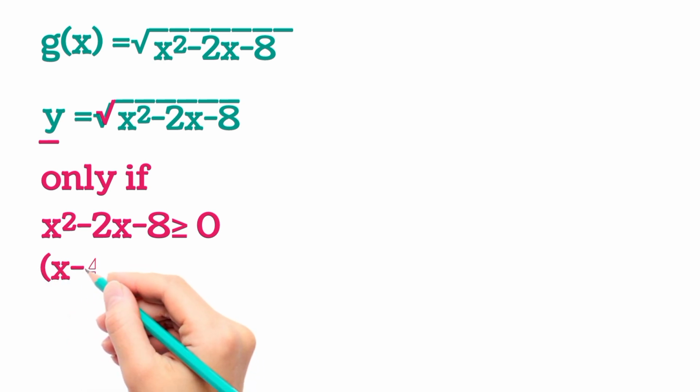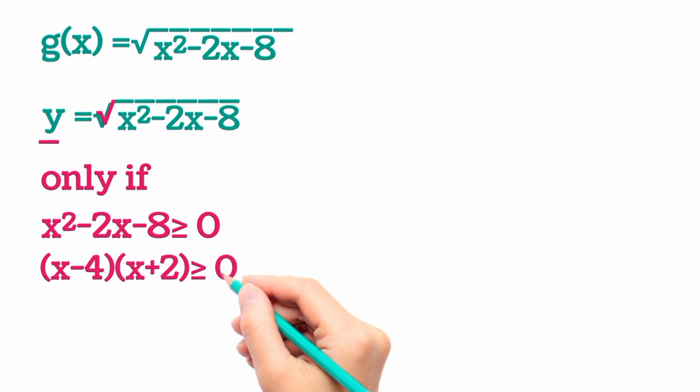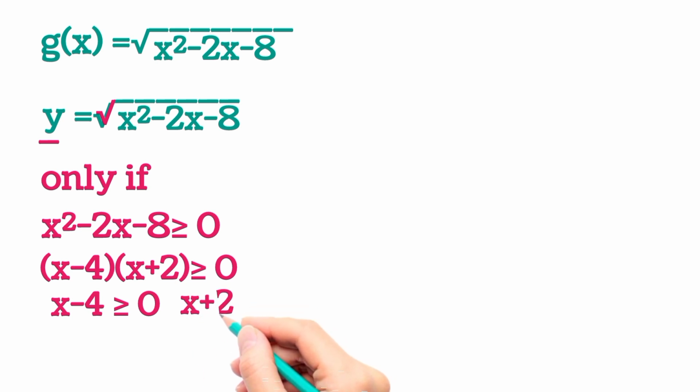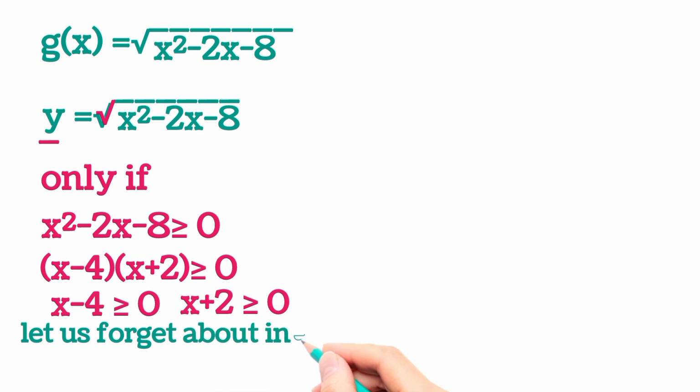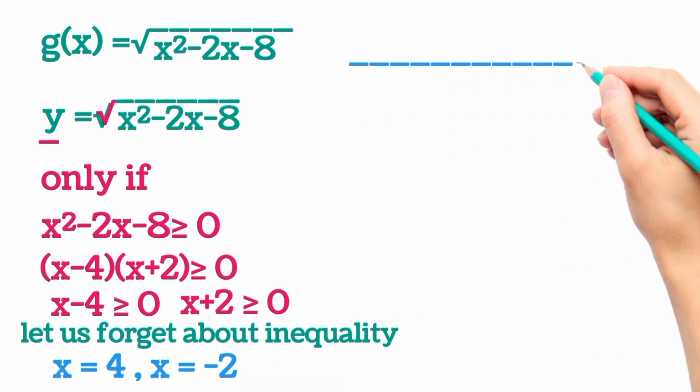So this can be written as (x - 4)(x + 2) >= 0. That is, x - 4 >= 0 and x + 2 >= 0. Now let us forget about the inequalities and take 2 points, x = 4 and x = -2.